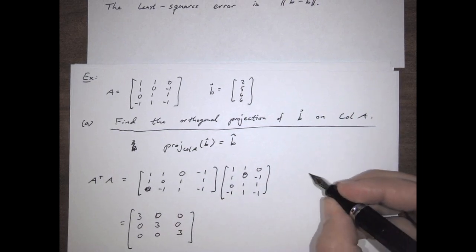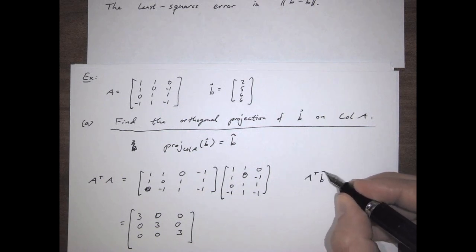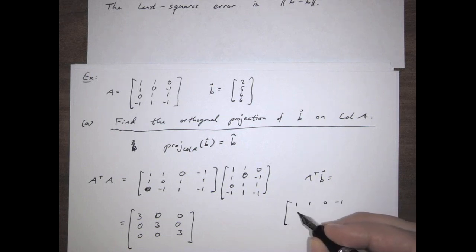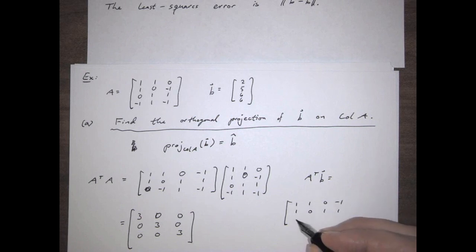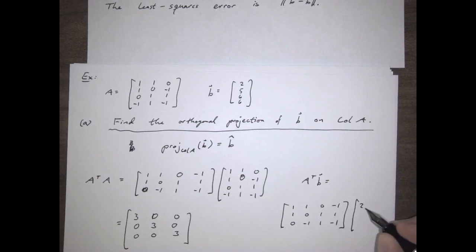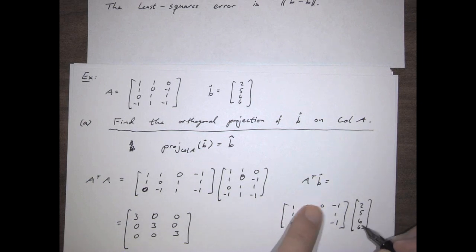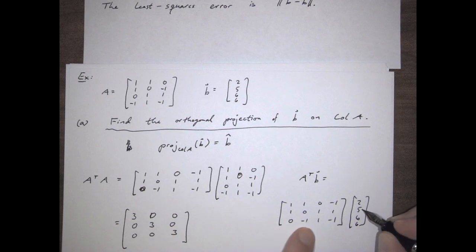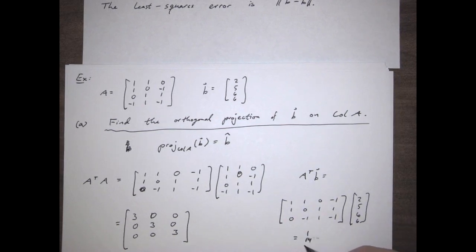Alright, and then as for A transpose times B, that's going to equal [[1, 1, 0, -1], [1, 0, 1, 1], [0, -1, 1, -1]] times [2, 5, 6, 6], which is going to equal: 2 plus 5 is 7, minus 6 is 1, and then here we're going to have 2 plus 6 equals 14, and here we're going to have -5 plus 6 minus 6, oops, it's going to be -5.